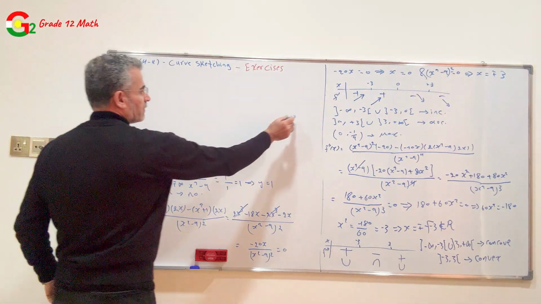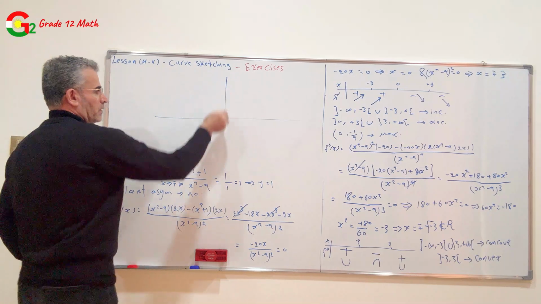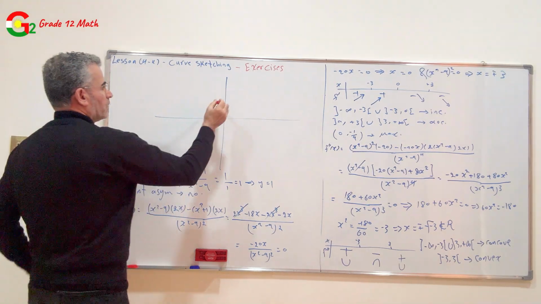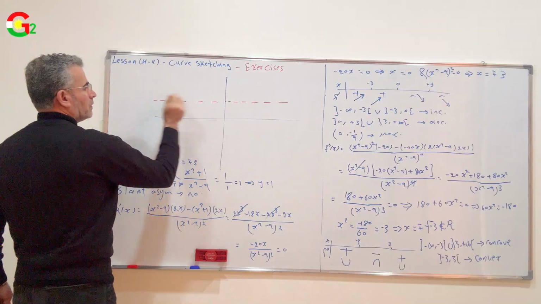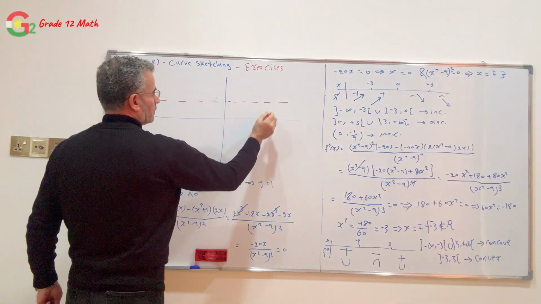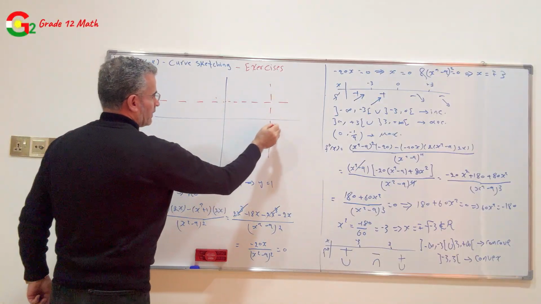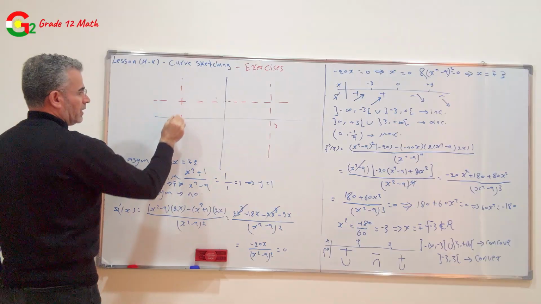The graph of this function will be: we have a horizontal asymptote at 1, vertical asymptotes at 3 and negative 3.